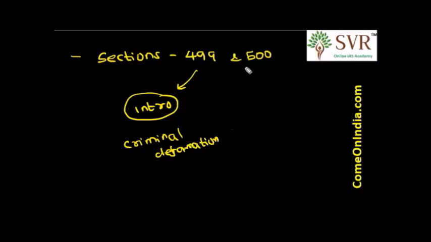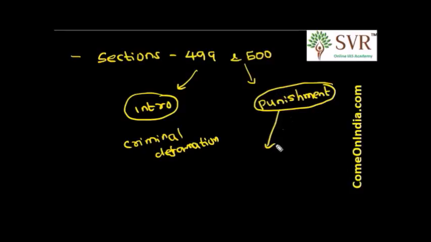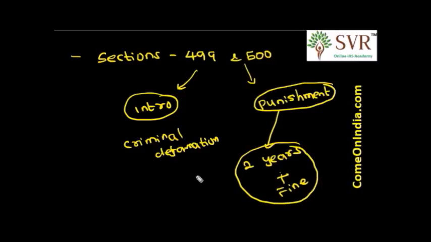Section 499 deals with criminal defamation and section 500 deals with the punishment. For criminal defamation, if proved, punishment goes up to 2 years in jail. So, punishment for criminal defamation may be up to 2 years.